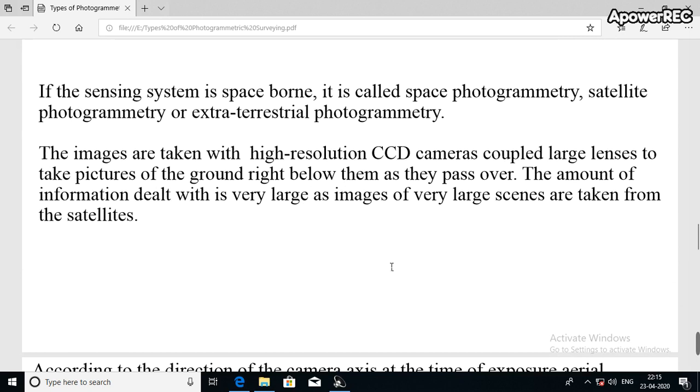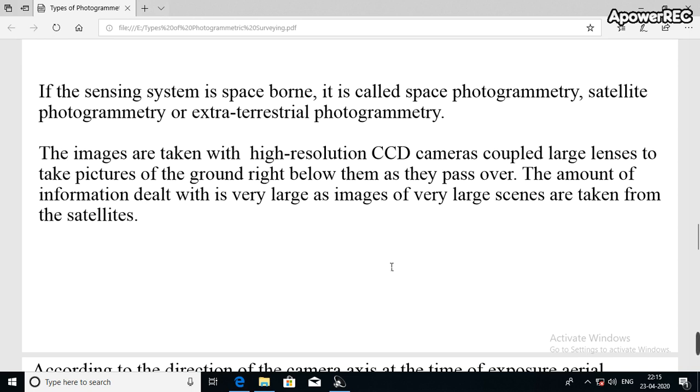Now, if the sensing system is space-bound, then it is called space photogrammetry. This is the third type, satellite photogrammetry or extraterrestrial photogrammetry. Obviously, it is closely related to remote sensing, and after getting the data from here, we can easily go to the remote sensing step.